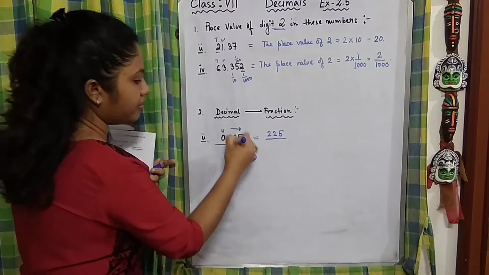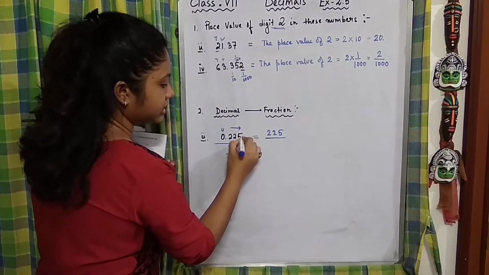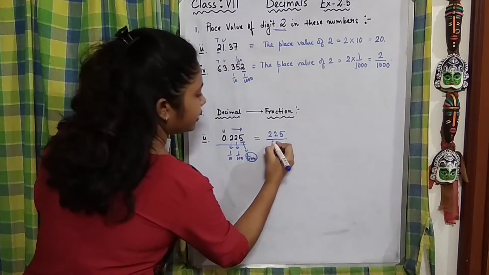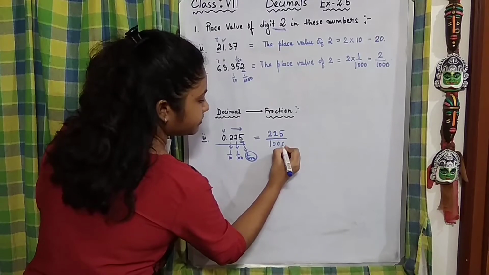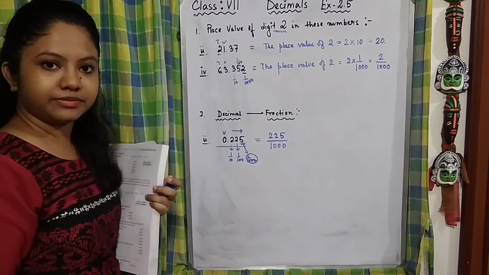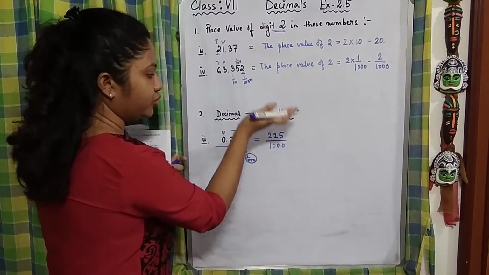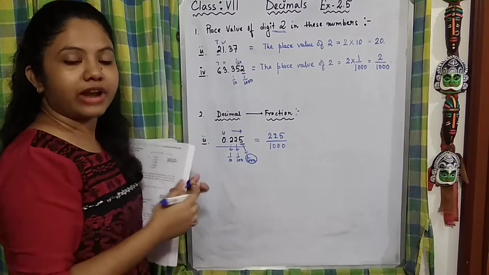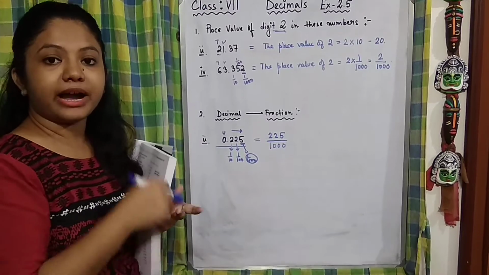Okay, so which number is in the extreme right of this? The place value of 5 we will consider. So what will that be? 1000, right? So we are considering a fraction of 225 by 1000.